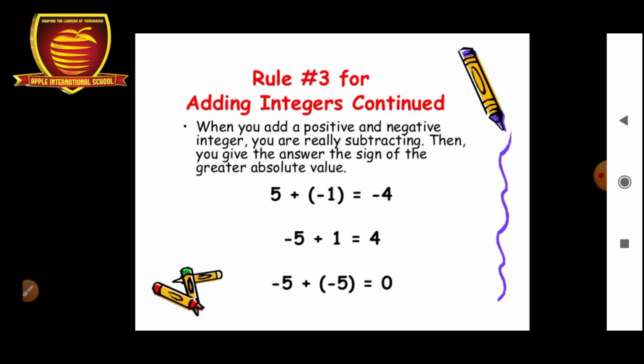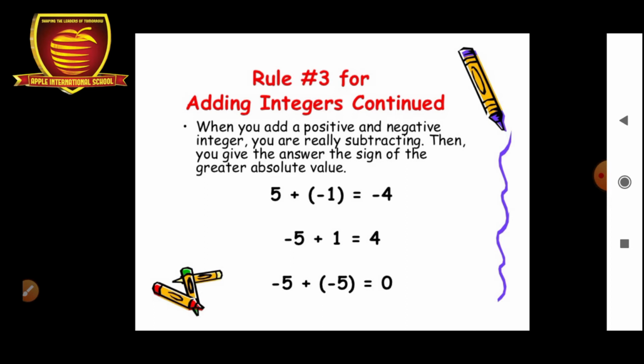For example, here we have 5 and -1. Both are integers: 5 is a positive integer and -1 is a negative integer. If there is one positive integer and one negative integer, then you have to subtract, but the sign is that of the greater absolute value.